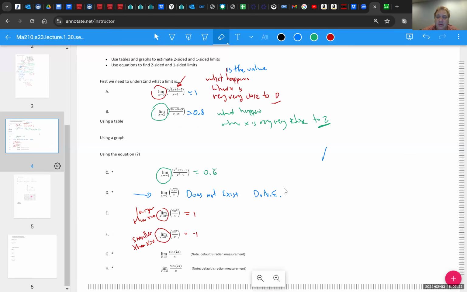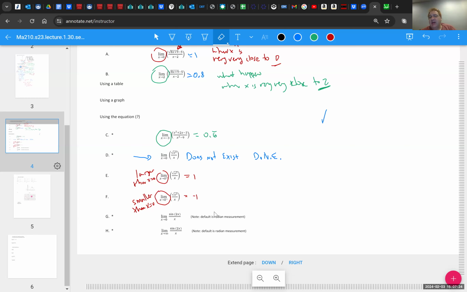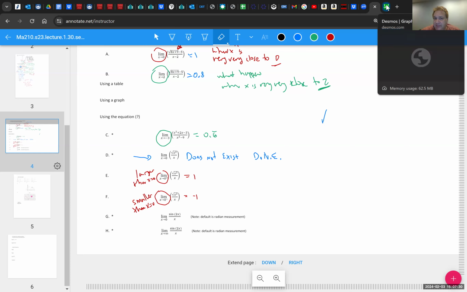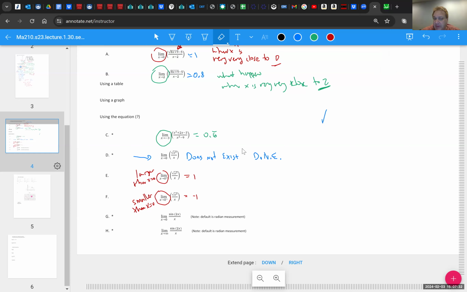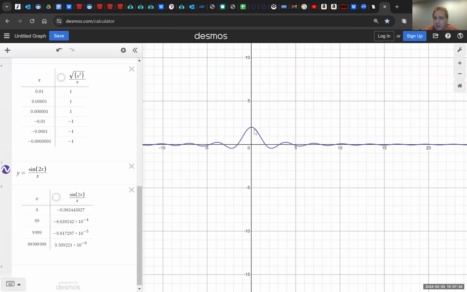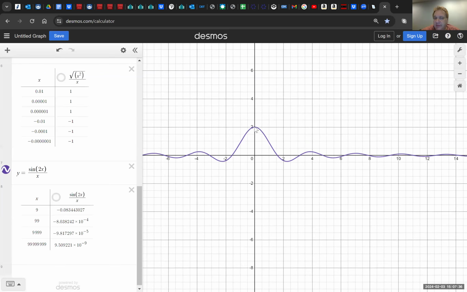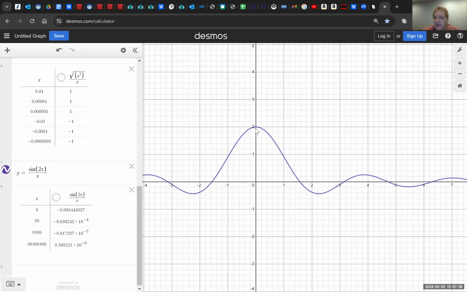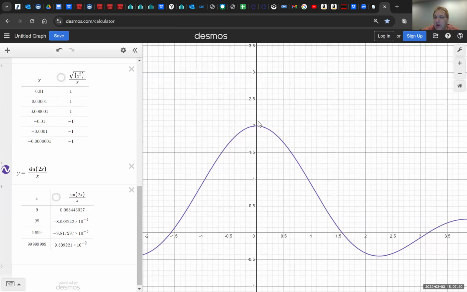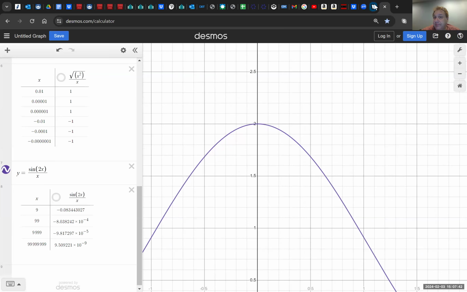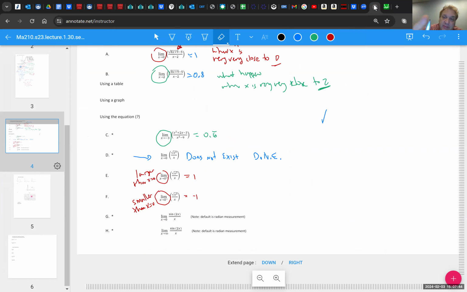So these are the examples I did previously. I actually forgot to write down the limits for g and h. That was the sine function. When we looked at what happened when x was close to 0, we found that the y value was getting close to 2. So this limit right here is equal to 2.